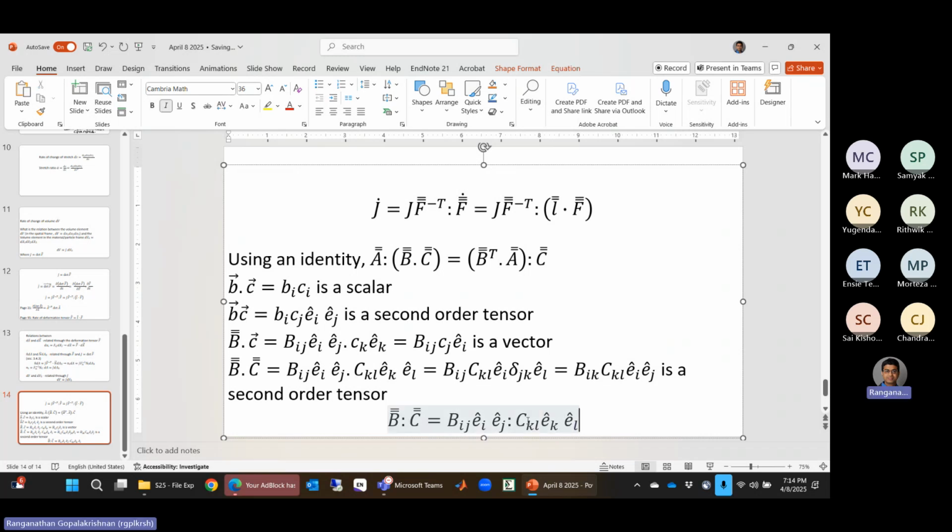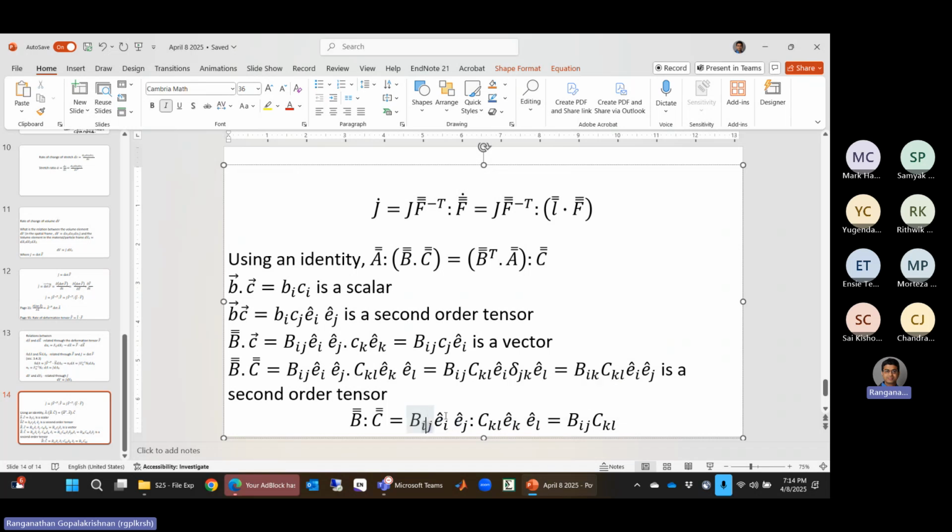So don't be confused about this colon. You can just think of it as two dot products evaluated one after the other. So this is B_ij C_kl. Those are scalars. You have e_i e_j, and then they are dotted with e_k e_l. So dot the two inner ones first.